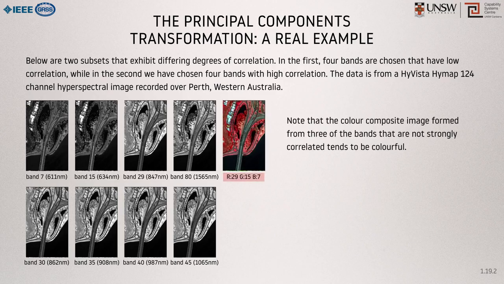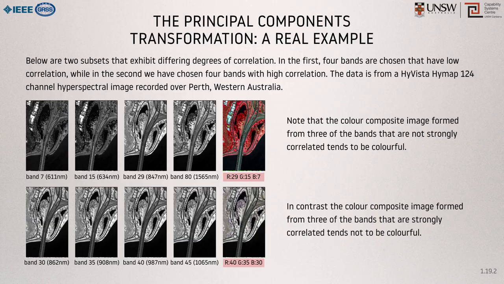In each case, we also show a color composite image product created using the band color combinations shown under the color product. The color composite for the correlated dataset is not very colorful, whereas that for the low correlation dataset is colorful. The color very much helps us pick out details among the cover types as we have come to expect from color image products.